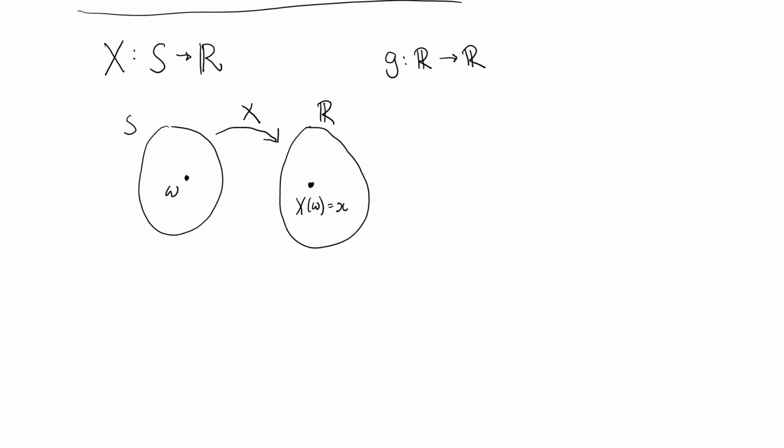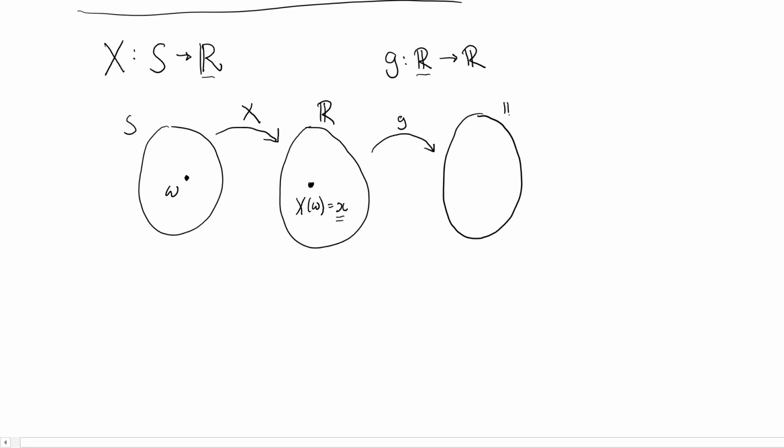Then, since the domain of g is the same as the codomain of x, I can make a composition of these two functions. So I can start with an omega, I can map that into lowercase x by the function x, and then I can plug this into my g function. So I can do the g function here, and that will then map into, again, the collection of real numbers, because that's the codomain of g.